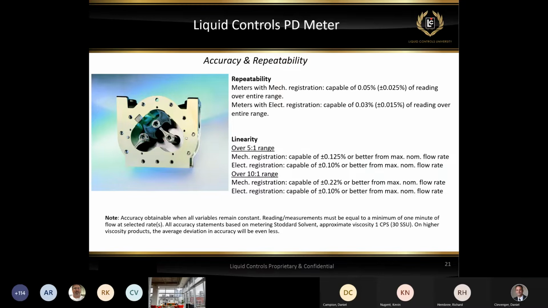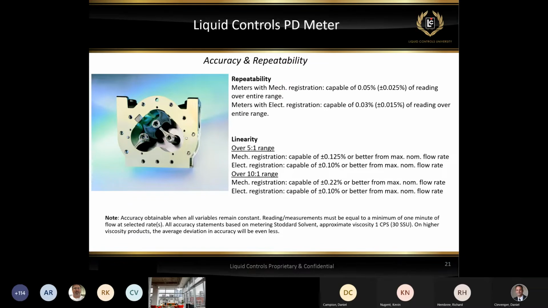The other element in accuracy is linearity. Linearity is from a range of flow rates. If it's a 5-to-1 turn down range with a mechanical register, we're plus or minus 0.125% or better. If it's an electronic register, again, this is the advantage of going with electronics, we're capable of doing plus or minus 0.1% over that range.